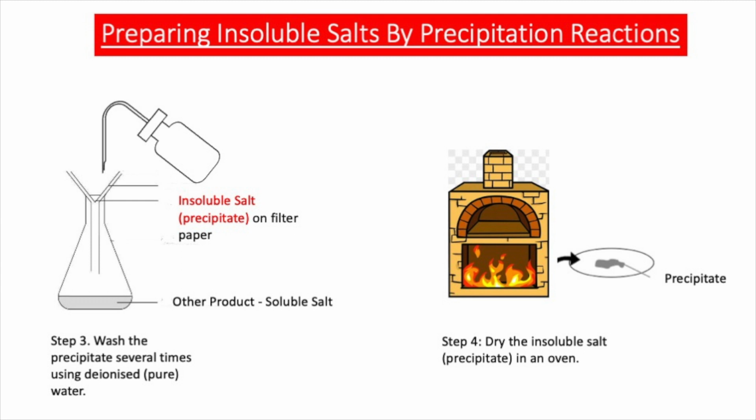Now once you've washed your precipitate, the usual method is to scrape the solid off the filter paper and put it on a dish, and then the dish is put in an oven where you can dry the precipitate. After you complete this, you'll be left with a clean, dry sample of the insoluble salt.